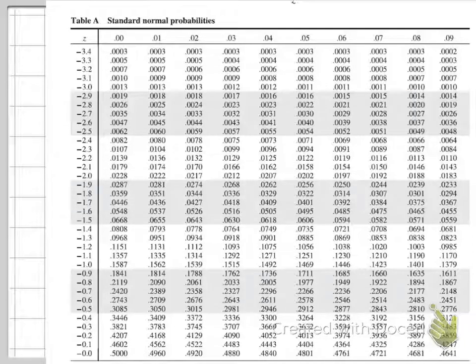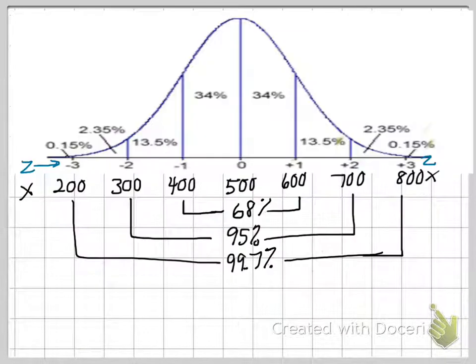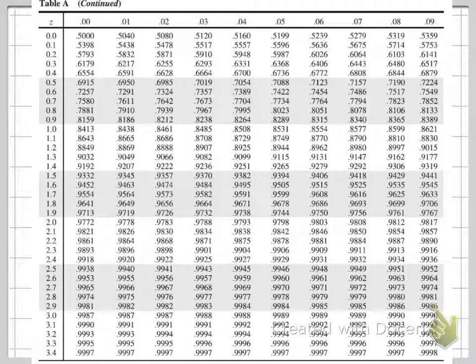We have a -2 right here, 0.0228. That's 2.28%.